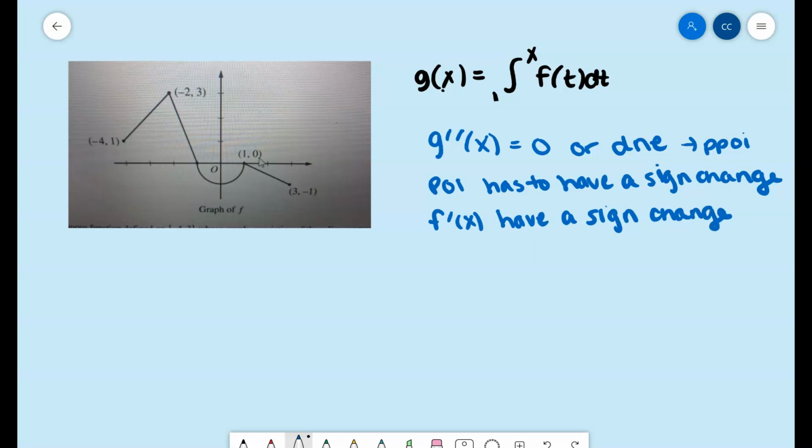Since this is the graph of f, we are looking for the extremas. So we have an extrema at -2. We have an extrema at 0. And we have an extrema at 1.